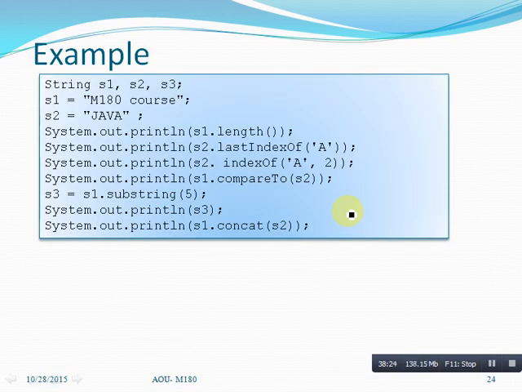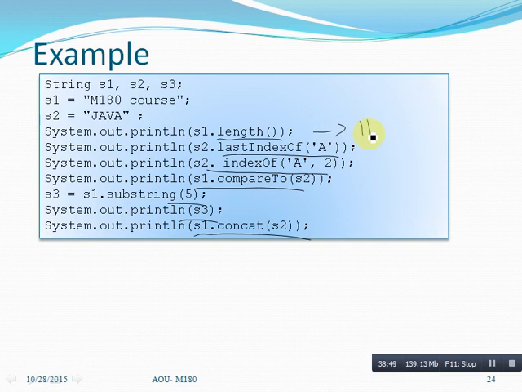Now here is again an example which is using these functions, and you are asked to give the output of this example. So S1 is "M180 course" and S2 is "Java". What is the length of S1? It is 5 plus 6, 11. So the length is 11.